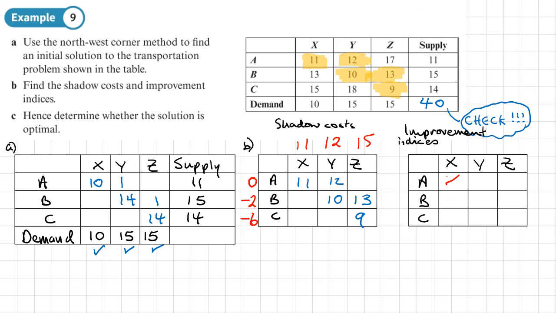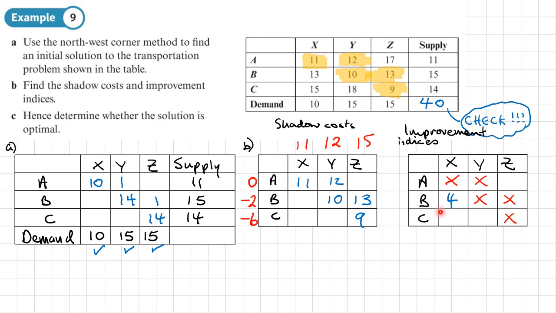So I'm interested in these. And remember what we do, we take the cost and we basically subtract the shadow costs. So for this cell here, BX, its cost was 13. And I do 13 minus the shadow costs. So I'm minus 11 and minus -2. So it's 13 minus 11 plus 2. That gives me a value of 4.